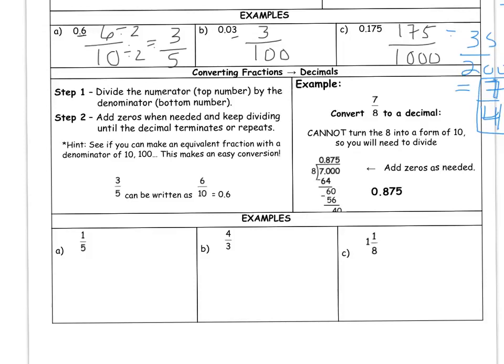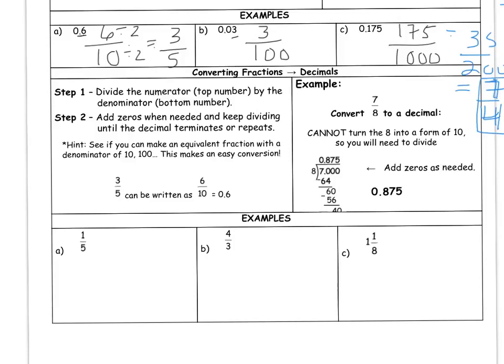Well, 8 can't go into 10 or 100, so we have to actually divide the numerator by the denominator. As you see in the example, 7 divided by 8, you had to add zeros as needed and then divide. So 7/8 equals 875 thousandths.